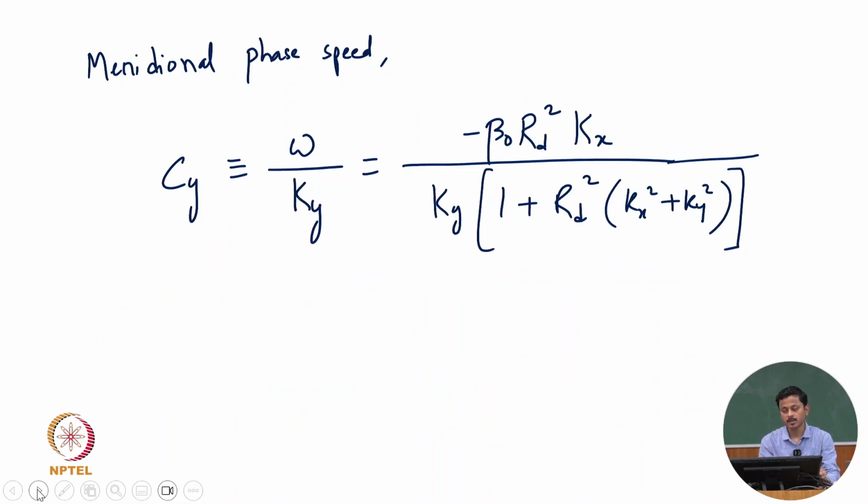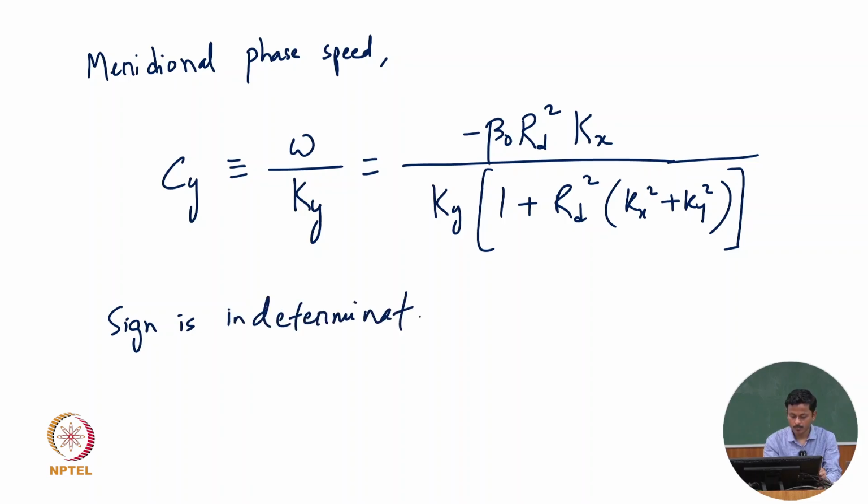Here kx appears in the numerator and then we divide the whole thing by ky to find the magnitude of the meridional phase speed. Hence this sign is indeterminate. So any direction of travel is possible.